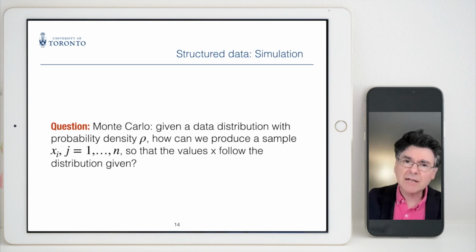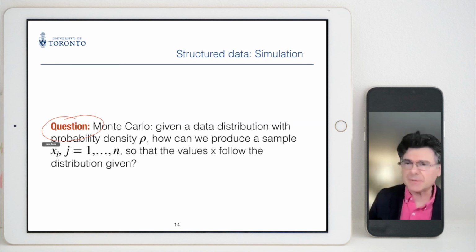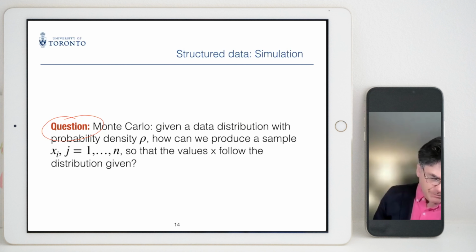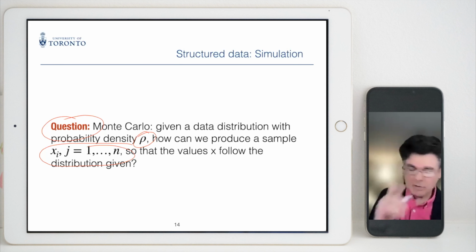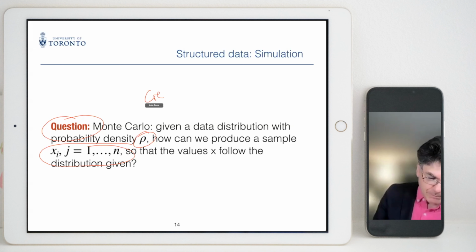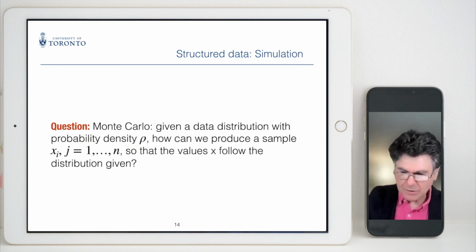Everything we saw last week answered this basic question: if I know my probability density, how can I generate scenarios which correspond to this probability density? This is the creation of scenarios. I remind you of the answer.